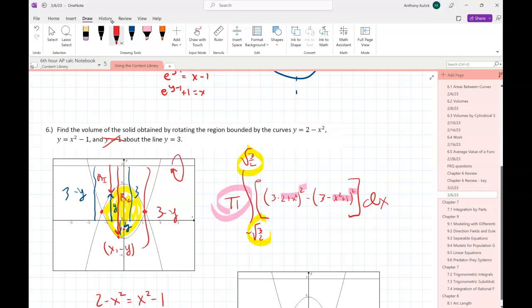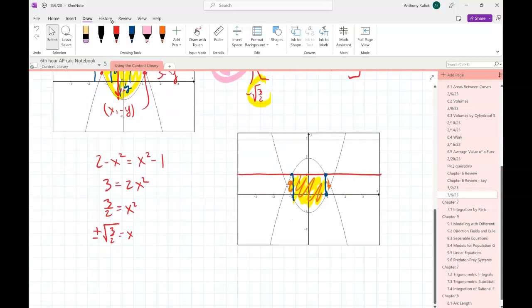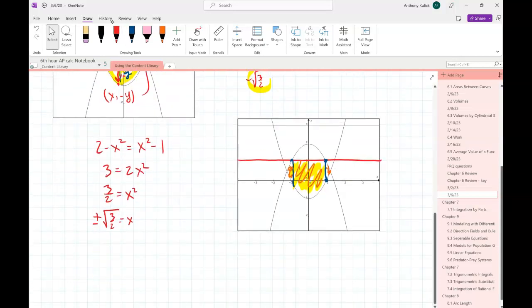You know what I'm even going to say to you guys, now that I'm thinking about this? On the exam I ask you to type it into your calculator and get the numeric answer. I'm probably going to end up asking not to do that. Because what's the point if you don't get the setup correct? It's purely a point that you can only get if you did the setup correctly.